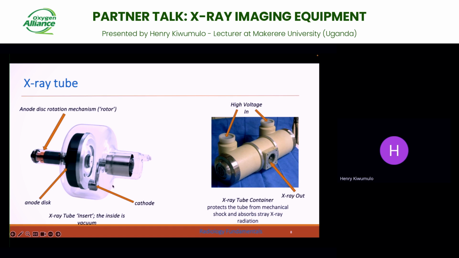So this insert has a vacuum, at least to effect the X-ray production. So physically, this is how the tube looks. And of course, we shall talk about the high voltage cables that come into this tube. And there's a section where the X-ray comes out after hitting the rotating anode.